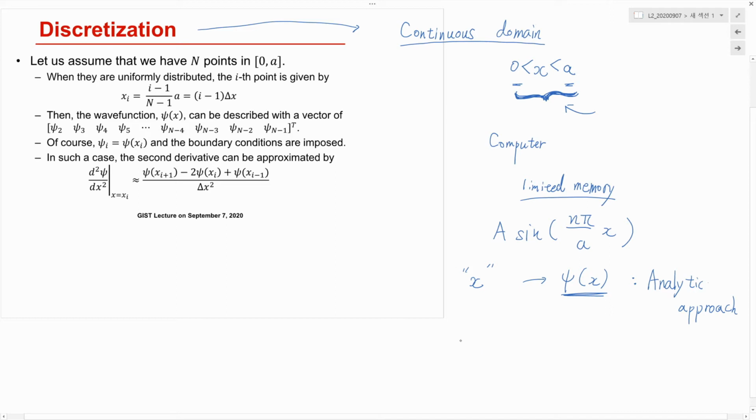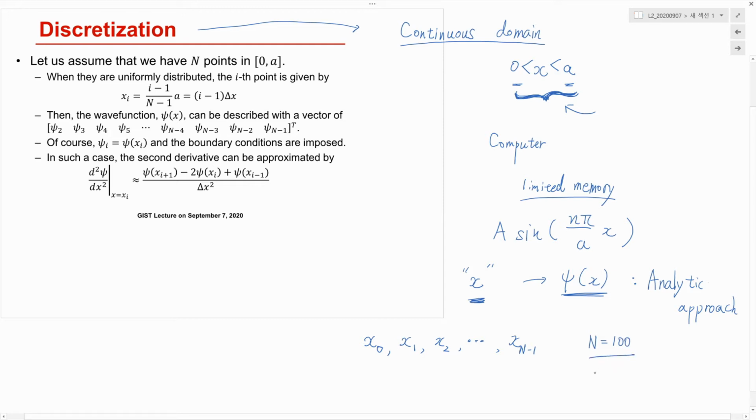So in this case, without arguing that every x value is accessible to us, instead we will say that there is a certain list of x positions where we can find the solution. Let's say that we have, for example, n equal to 100.